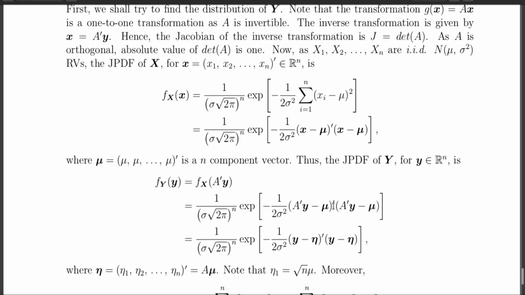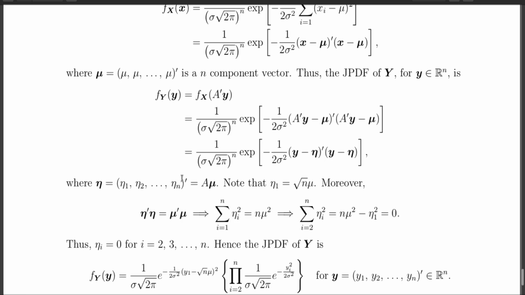Then we will have A transpose A here, which is going to give me I, because A is orthogonal, and neta is nothing but A mu. So I take this A transpose from here and A transpose from here, and I get the joint PDF of y in this way.